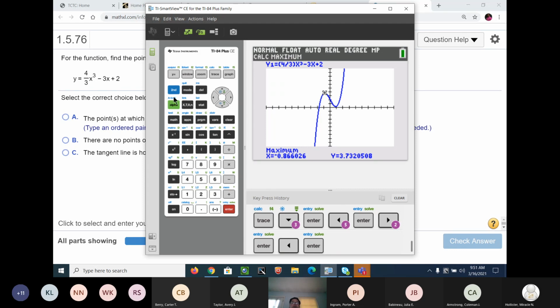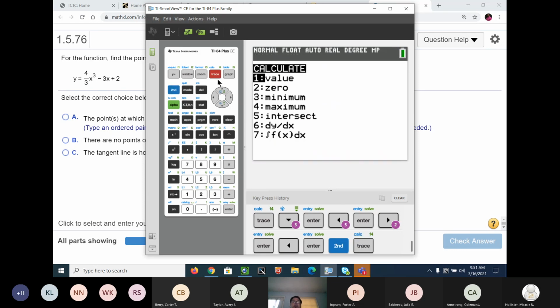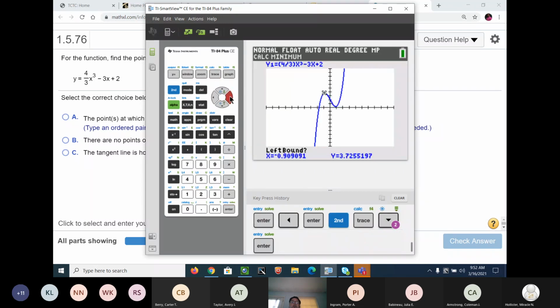The second vertex is the min, so that's going to be second, calculate, min. I can't find it. Left, right, and guess.